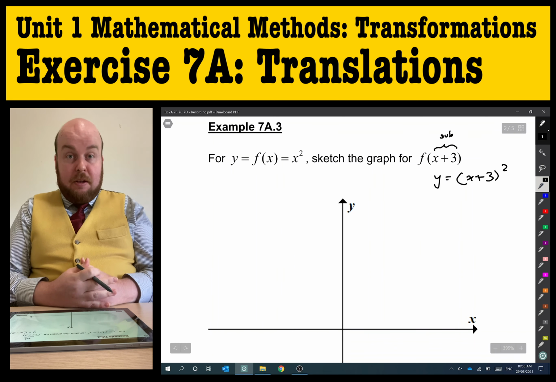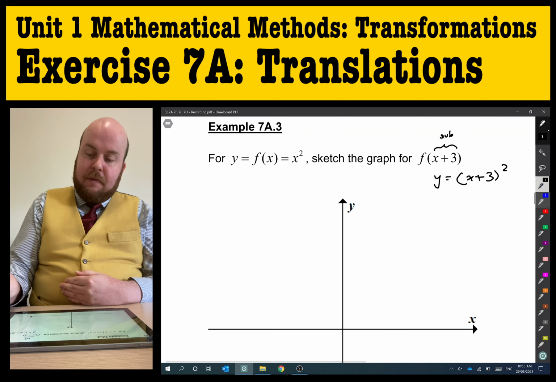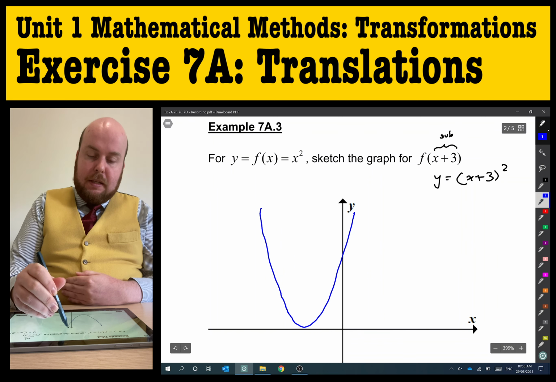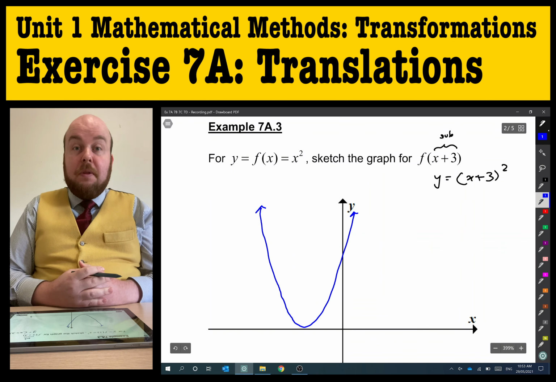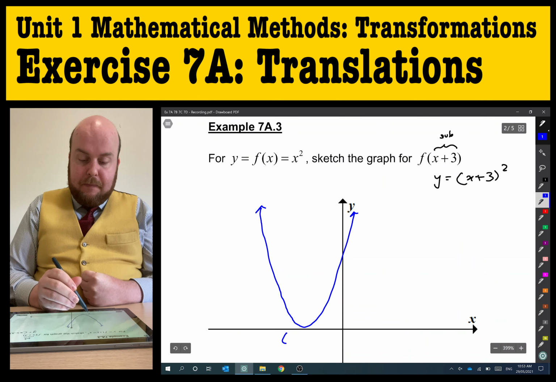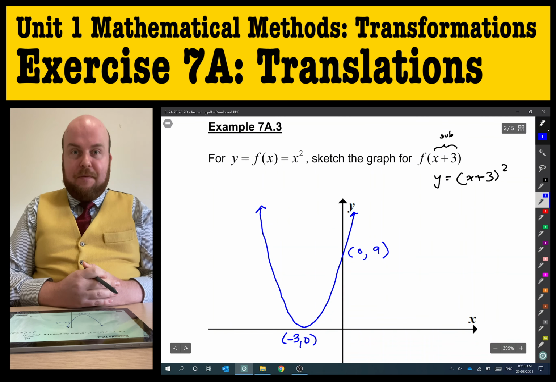So it's the original x squared graph, y equals x squared, but simply moved over 3 to the left. The only thing we need to go and write is the x and y intercepts. And we have drawn our graph.